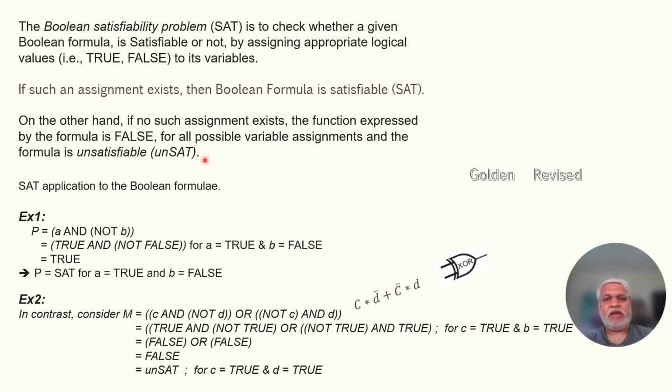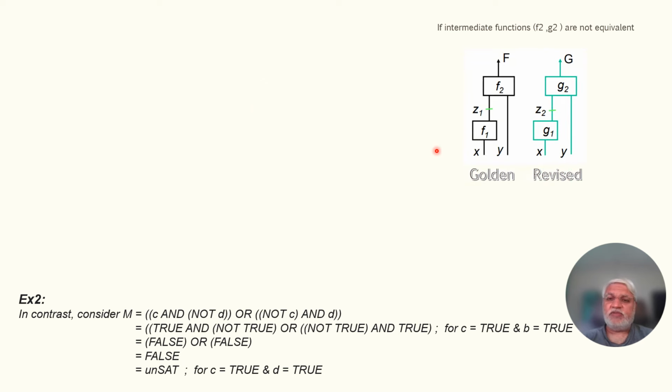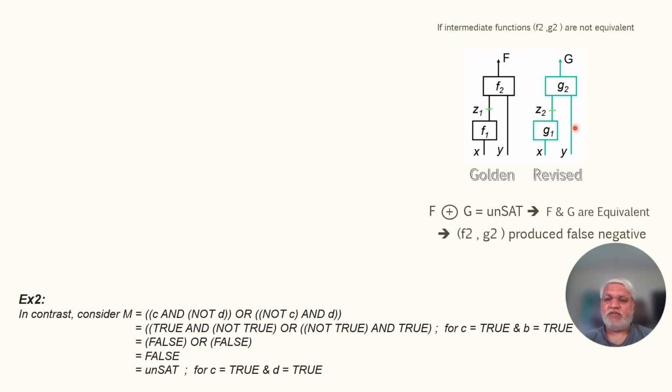Now we will go back to the binary decision diagram wherein we have discussed F2 and G2, some intermediate logic of the design, coming out to be non-equivalent based on the BDD. Then we will figure out, based on the satisfiability solvers, whether functions F and G are equivalent. So we put these equations in, and then we find the XOR of F and G. If that comes out to be unsatisfiable, then we can say F and G are equivalent.